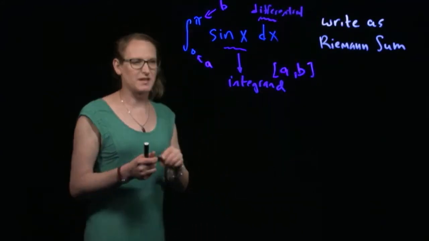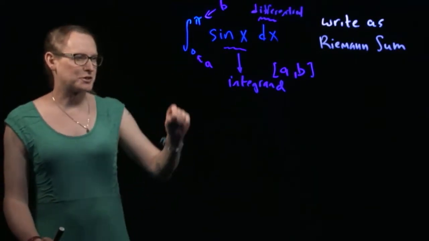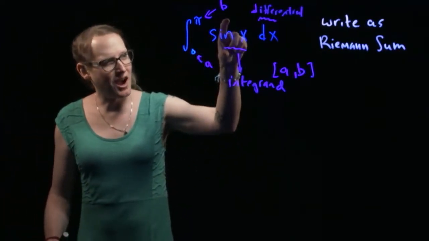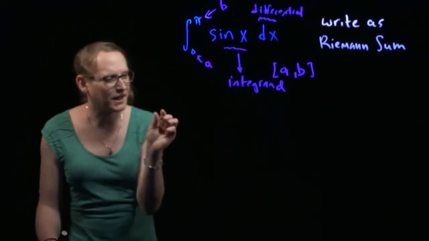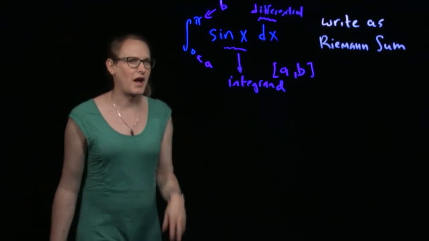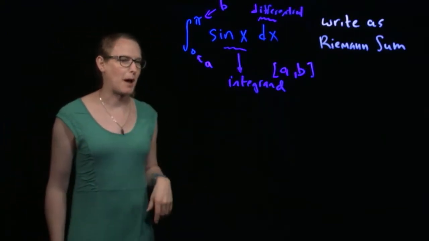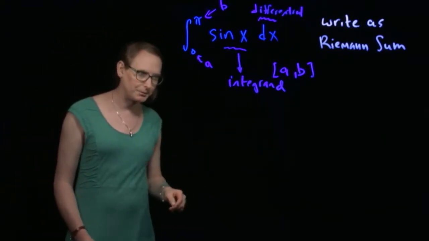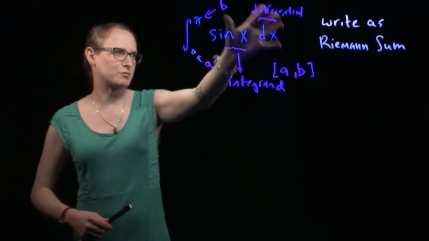That represents an infinitesimal amount of x that we're going to multiply against a height determined by the sine of x. So this represents the width of an infinitely thin rectangle of height determined by the sine of x at the position x for the corresponding rectangle. Those are the various pieces of this expression.